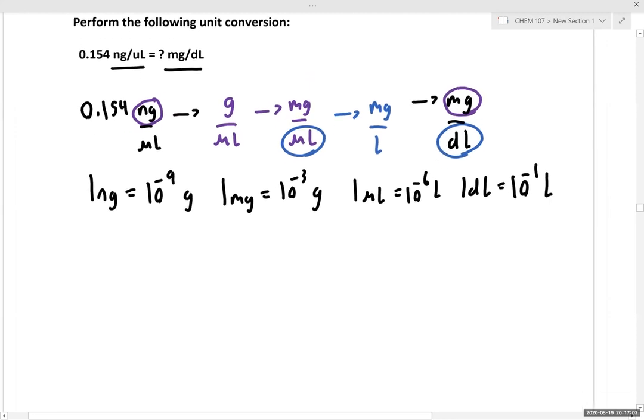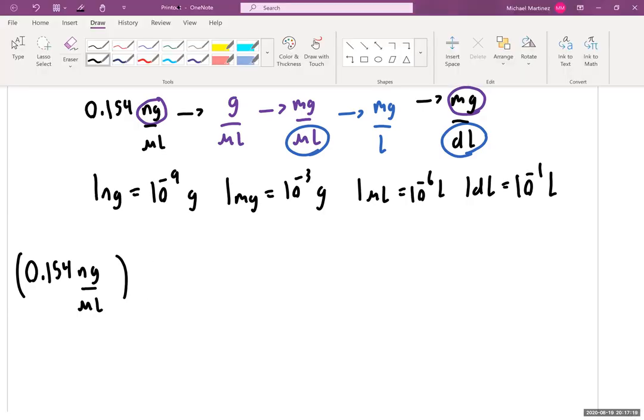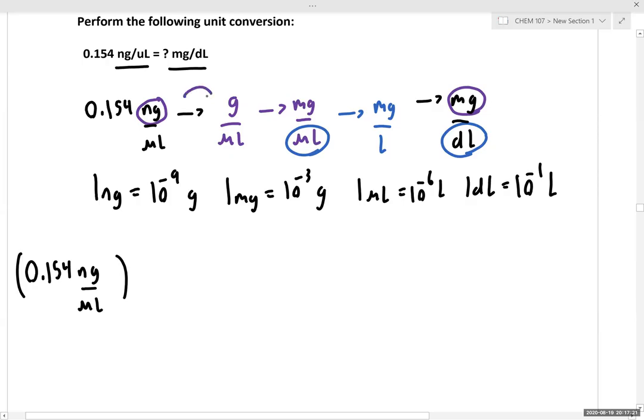Now that we have this solution map and our set of equalities, we're going to begin our unit conversion. So we have 0.154 nanogram per microliter. For our first step, we are going from nanograms to grams. So we're going to have units of grams on top.